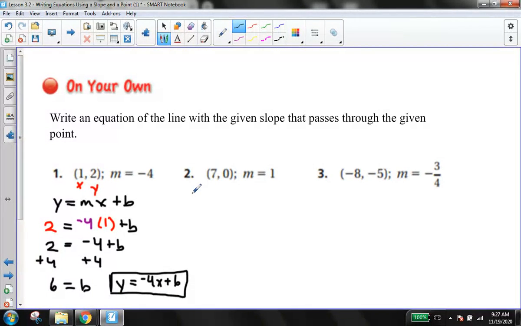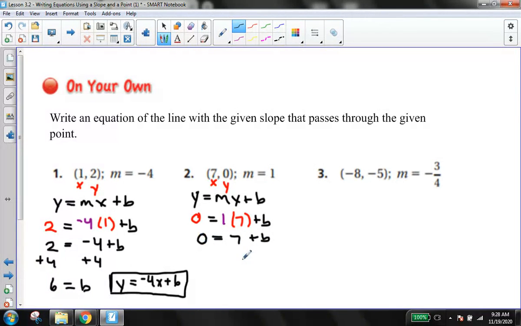All right, let's do the same thing for question number 2. So again, we're plugging into y equals mx plus b. So the slope is 1. The x value is 7. The y value is 0. So 1 times 7 is 7.